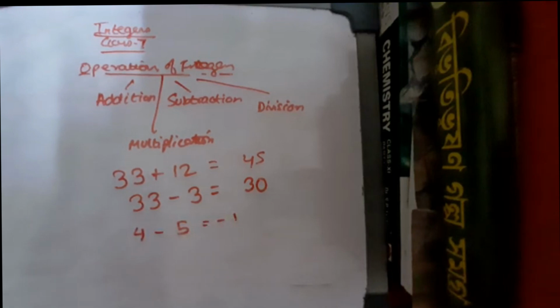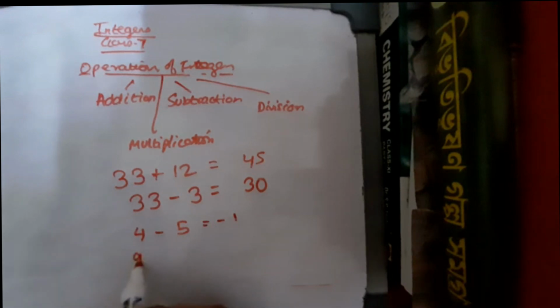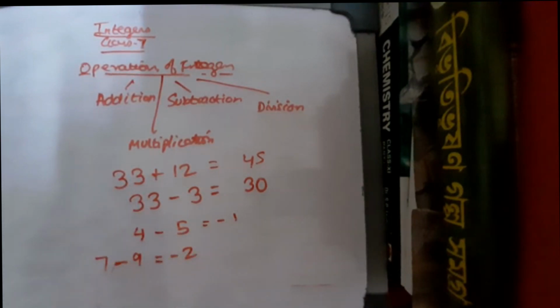If I subtract 9 from 7, I get -2. So what did I do? I subtracted 7 from 9 and attached a minus sign with the result. Okay, so this was just a demonstration.